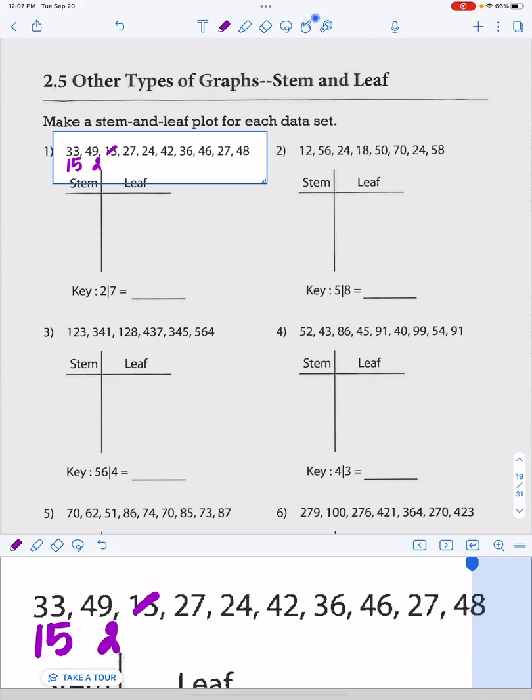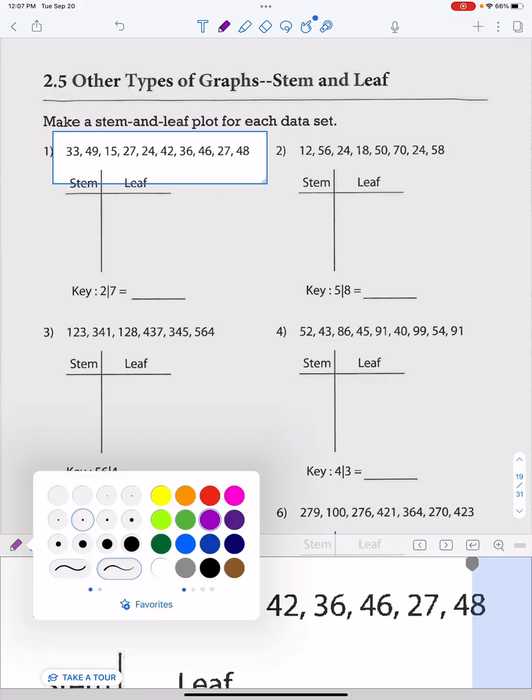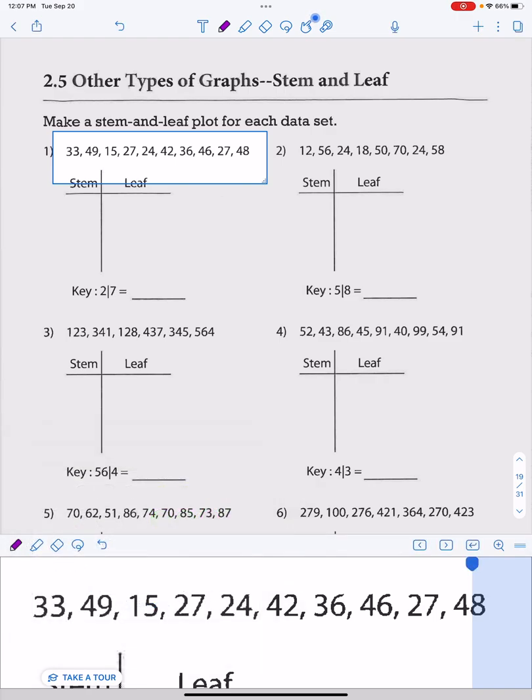And then my pen's a little too fat now. So 15, and then 24, and then 27. Oh, and here's another 27.